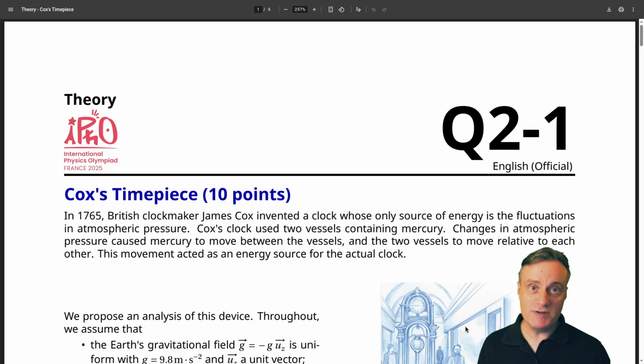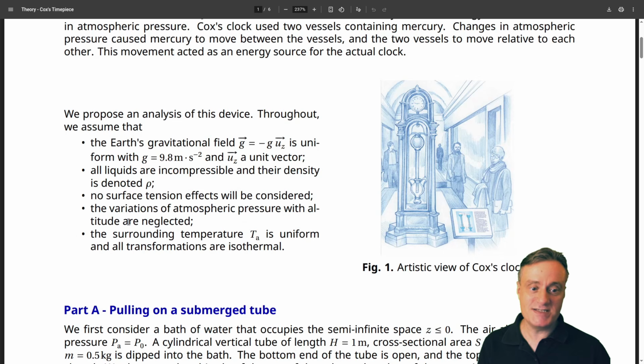The second of the 3 problems covers Cox's timepiece, which apparently was made in 1765 by a British clockmaker. Obviously this is in a museum, but the way in which it works is to do with having a tube dipped in mercury which moves up and down with air pressure.